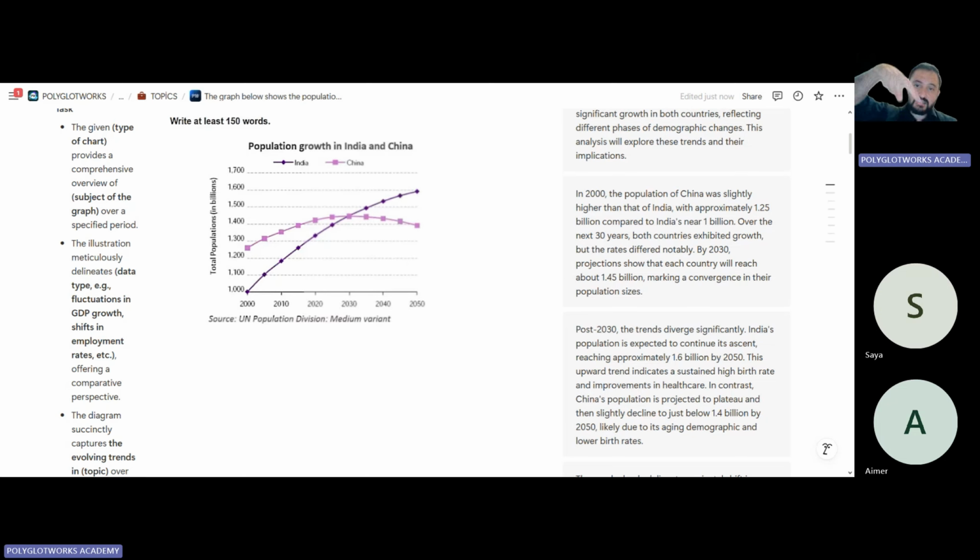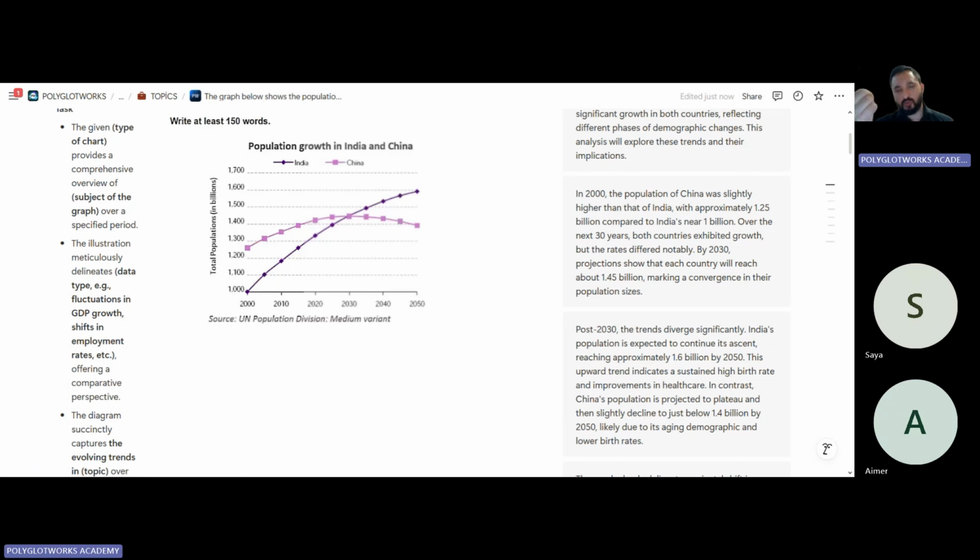Expected to decline gradually. Falling back, it means come back to the same place. Falling back to about 1.4 billion by 2050. In contrast, India's population is projected to continue increasing and reach approximately 1.6 billion by the same year.